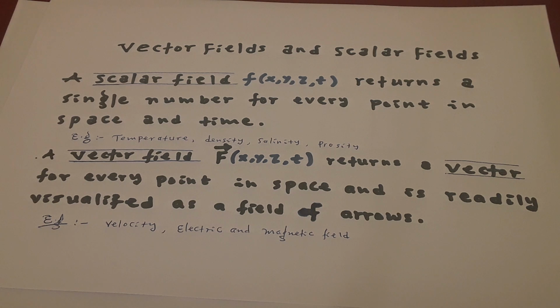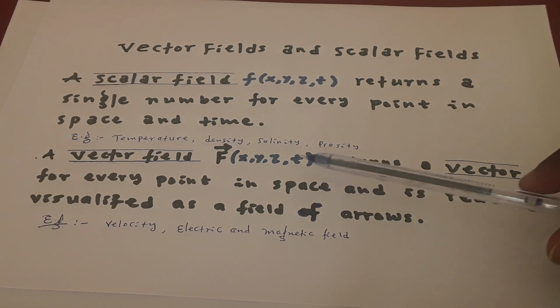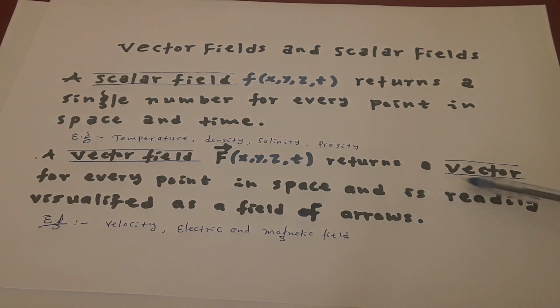A scalar field f of x, y, z, and t returns a single number for every point in space and time. Whereas a vector field, big F of x, y, z, t returns a vector for every point in space.